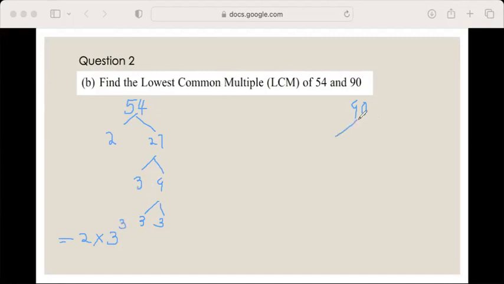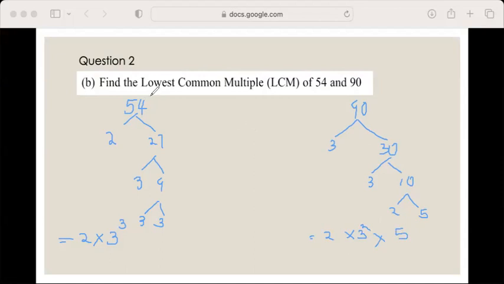And 90 here: 3 times 30, 3 times 10, and 2 times 5. So here we have 2, 3 squared, and 5.